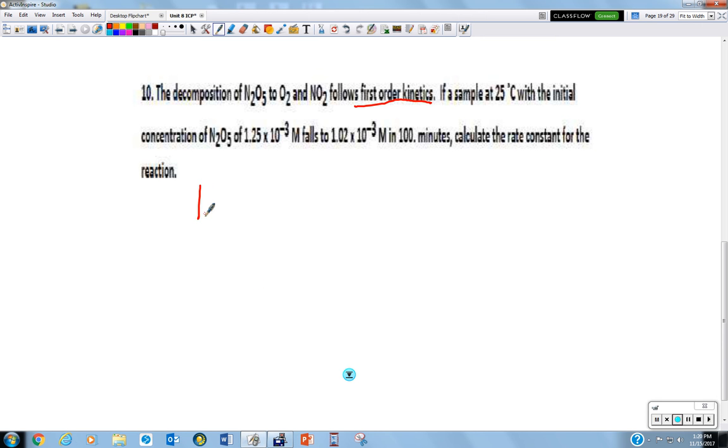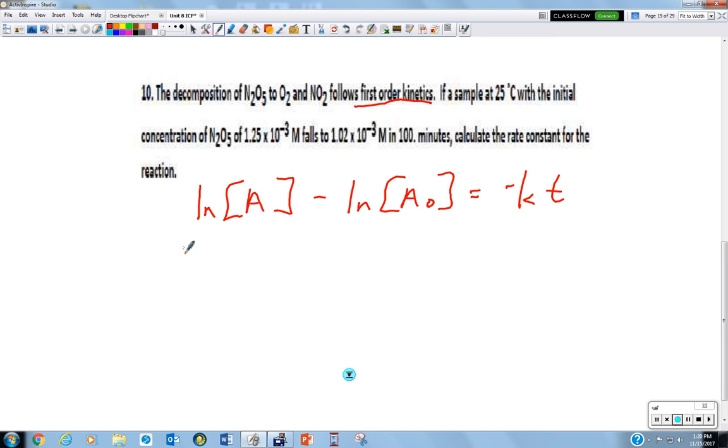Again, it's first order, so we're using ln A minus ln A naught equals negative KT, and we're solving for K this time.